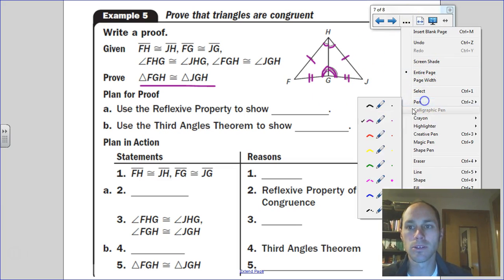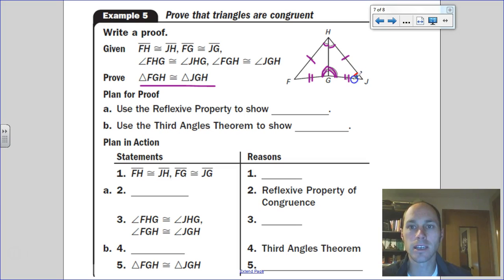So we're going to need to prove that this angle is the same as this angle. And we could do that by using the third angles theorem. So we could show that angle HFG is congruent to angle HJG.